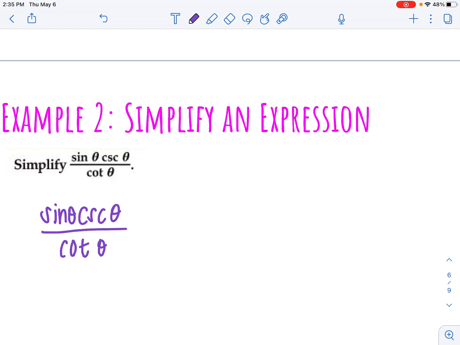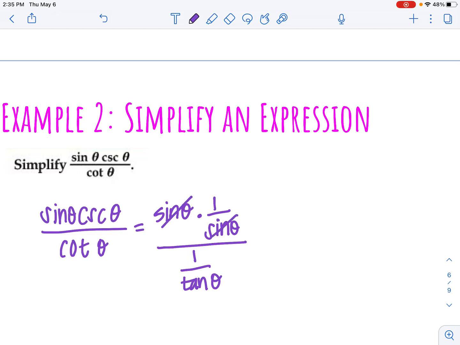So I know that sine of theta times cosecant of theta all over cotangent of theta is equal to sine of theta times cosecant, which is 1 over sine of theta, and cotangent is 1 over tangent of theta.